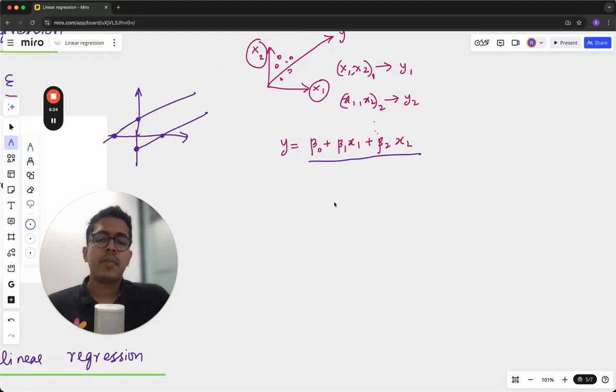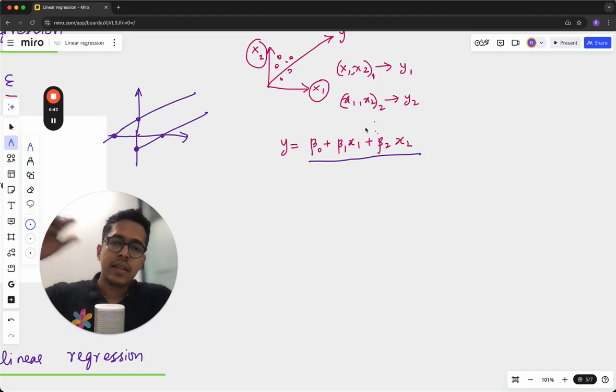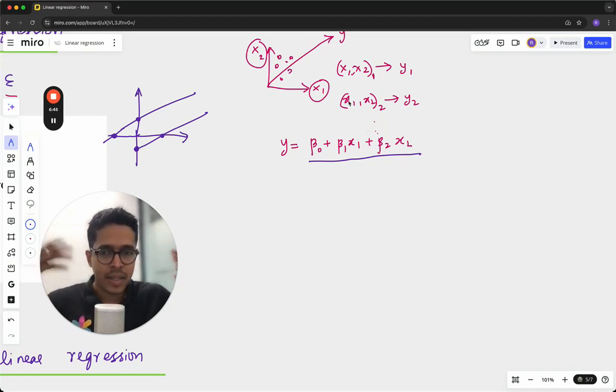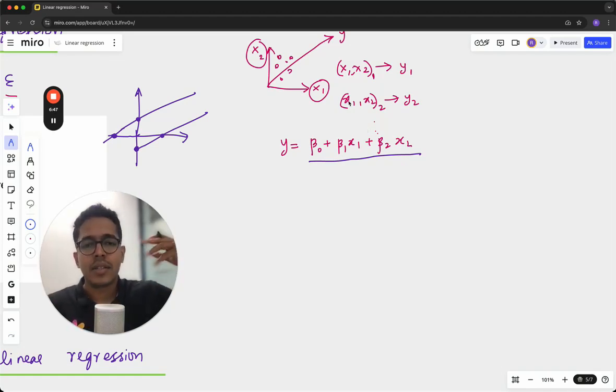But as the number of dimensions increases, it becomes more and more difficult to visualize, because maybe you can visualize a plane, but beyond a plane, how do you visualize a 3-dimensional linear structure? Very difficult. So you can imagine a straight line extended to the next dimension as a plane, extended to the next dimension as some 3D structure, and so on.